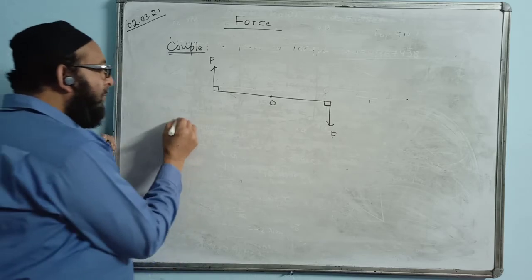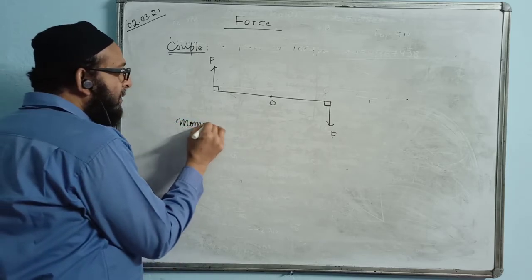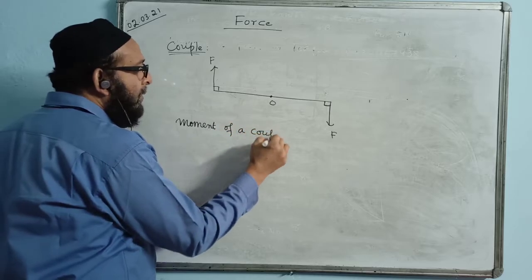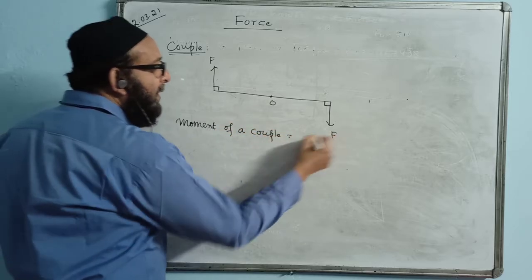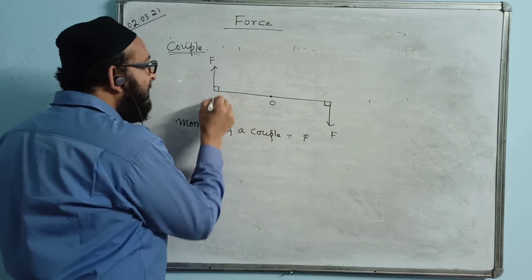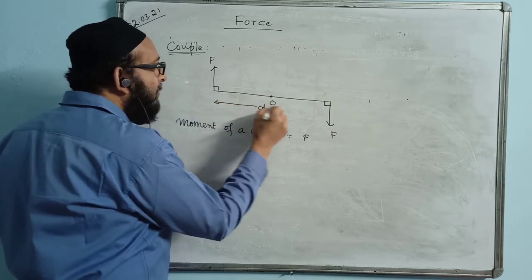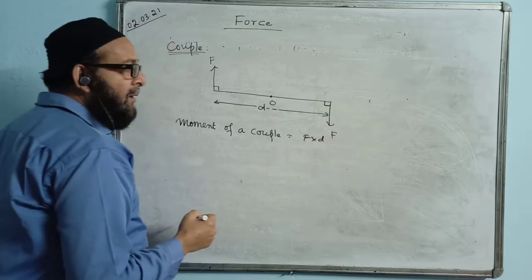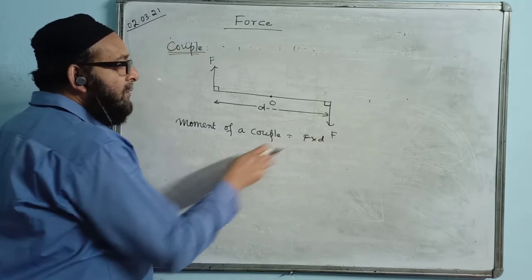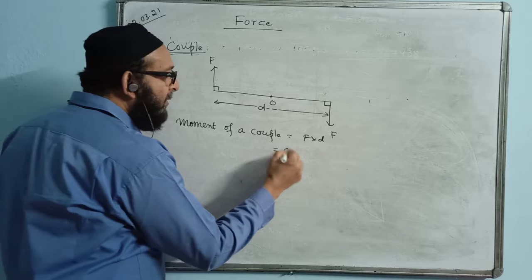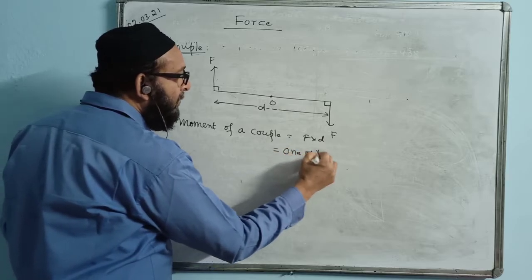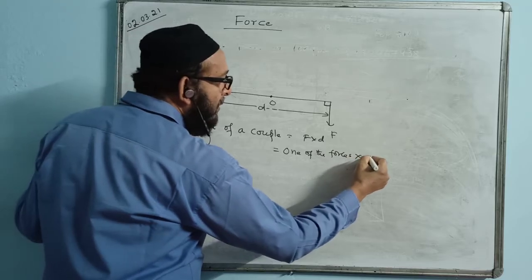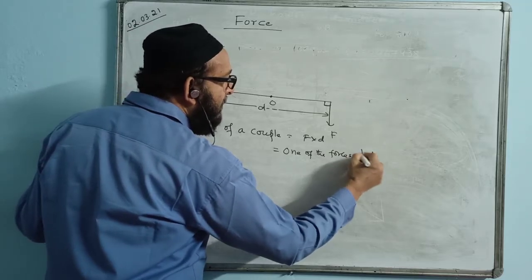Then we have the formula for the moment of a couple. A couple is a pair of forces. The formula will be F, and this whole distance I will take as D. Force into the distance. Same formula. Actually, we will take one of the forces into the perpendicular distance.